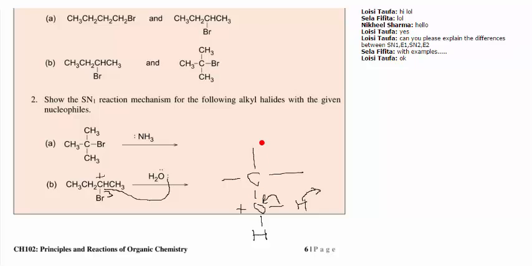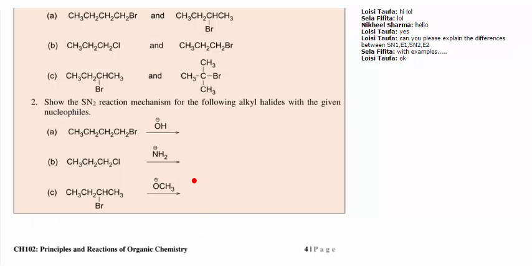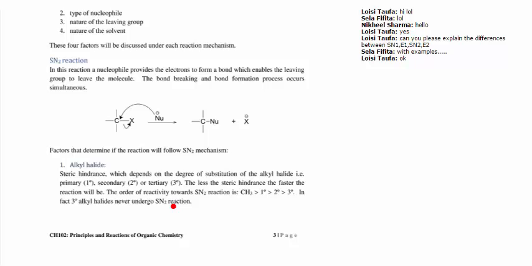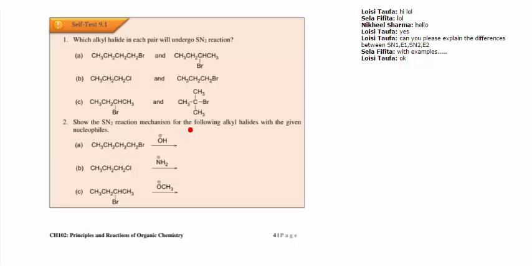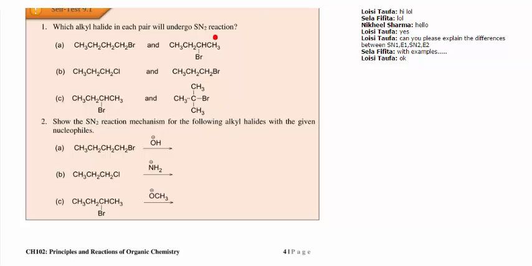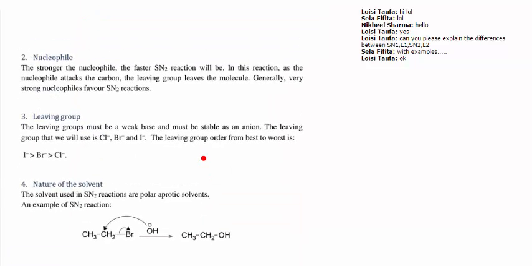So that's all you need to know about SN1 and SN2 reactions. Just a recap. For SN2 reactions, only primary and secondary alkyl halides will undergo them. A strong nucleophile is required for SN2, and the leaving group is the same for SN1 and SN2.